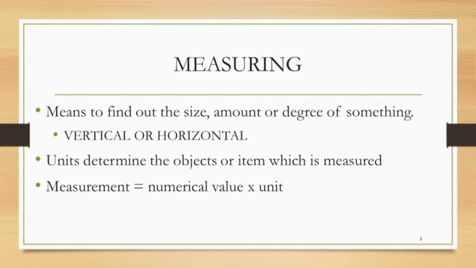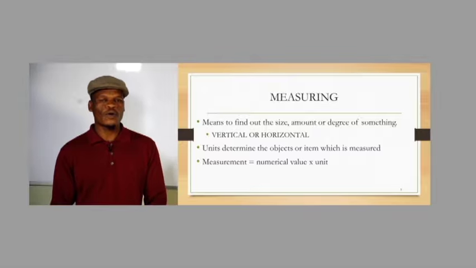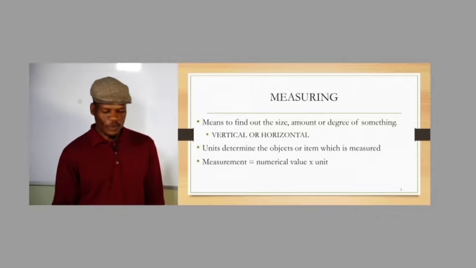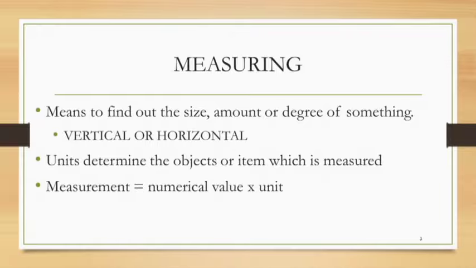Just take note that each and every time you measure, all your measurements have to include 2 items. The first one is the numerical value, and then you are also going to include the unit when you are measuring. A measurement without any unit is not going to be meaningful.